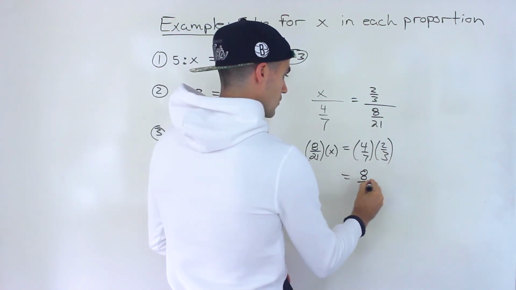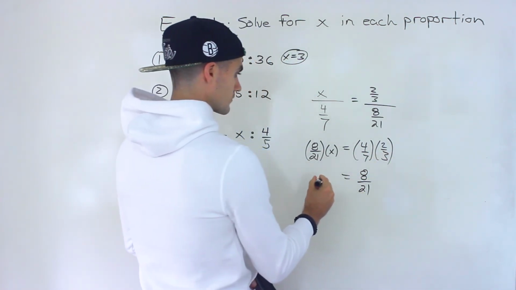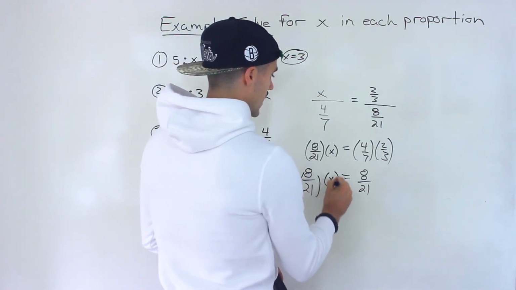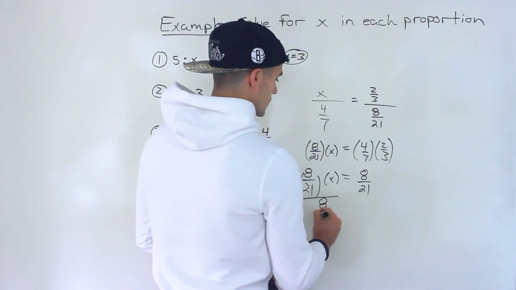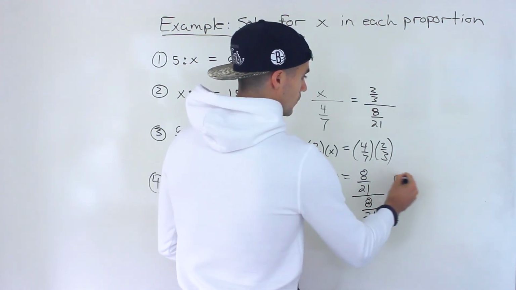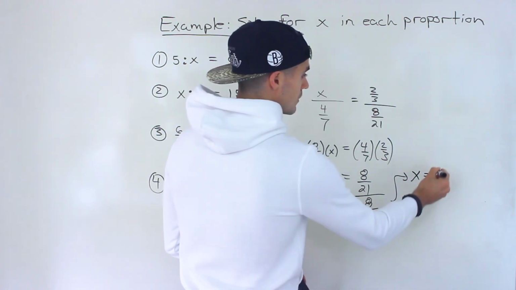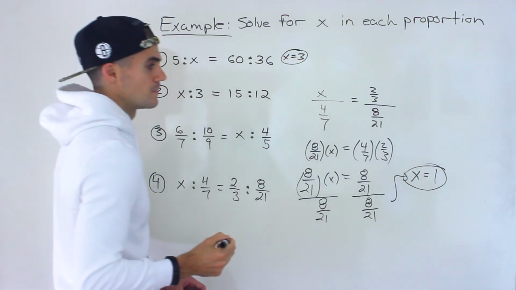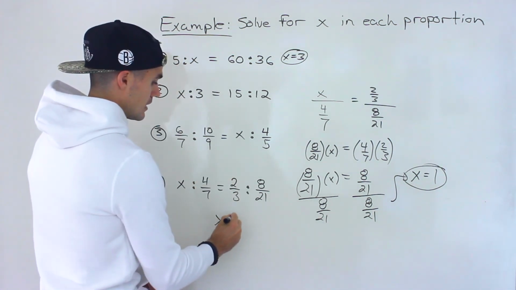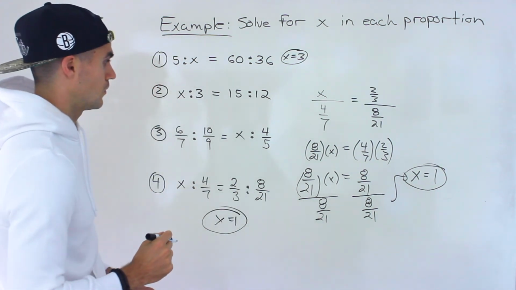So this would be 8 over 21. And actually, it's the same fraction. So look what happens here. Divide both sides by 8 over 21. What's 8 over 21 divided by 8 over 21? Well, something divided by that same thing will always give us 1. So that's the answer to number 4. x is equal to 1.